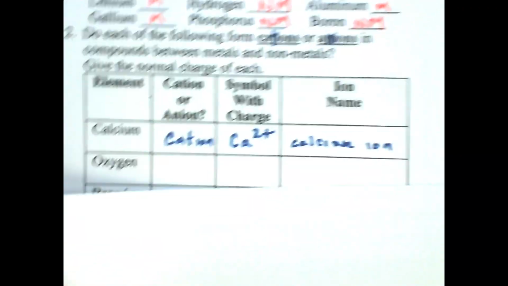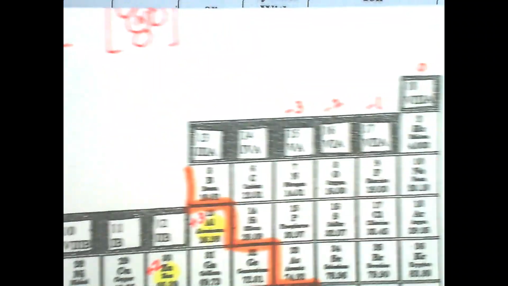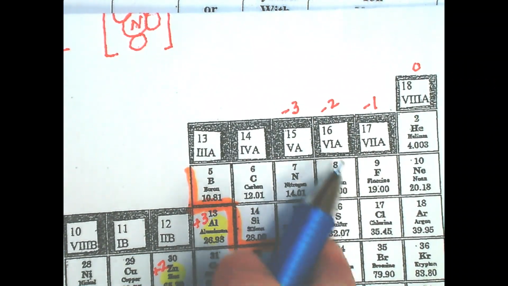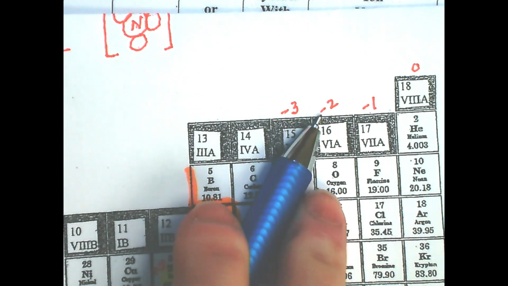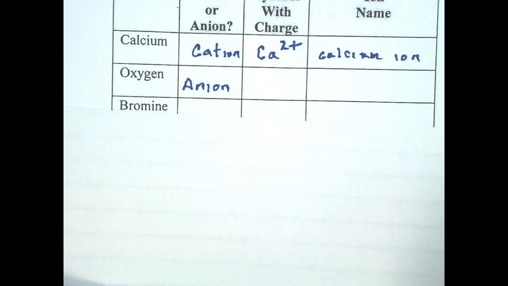Oxygen. We find oxygen located on the right side of our dividing line, and oxygen is a non-metal, and when it combines with metals, it takes on a -2 charge. So -2 would make it an anion, and the symbol with the charge would be O2-.